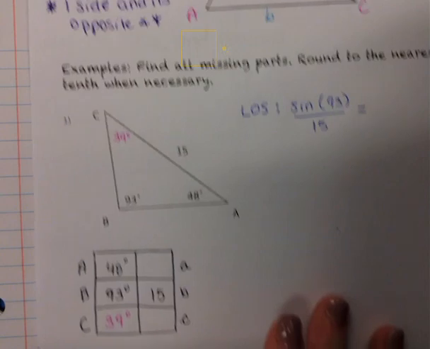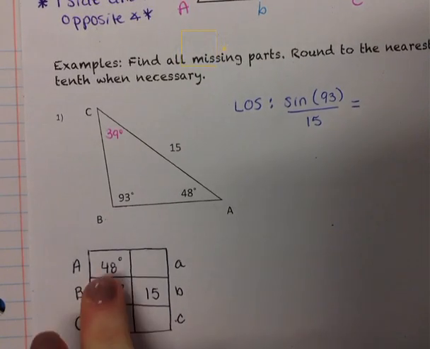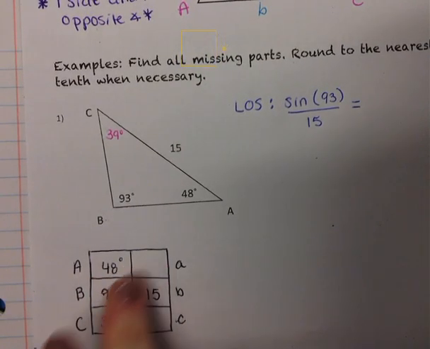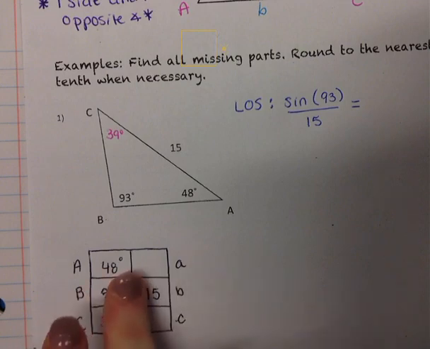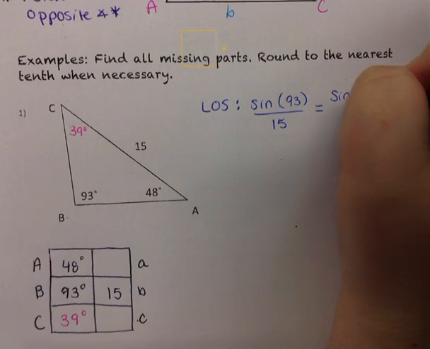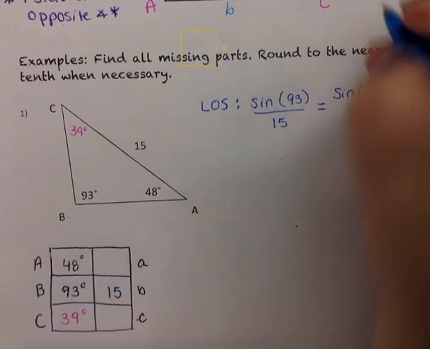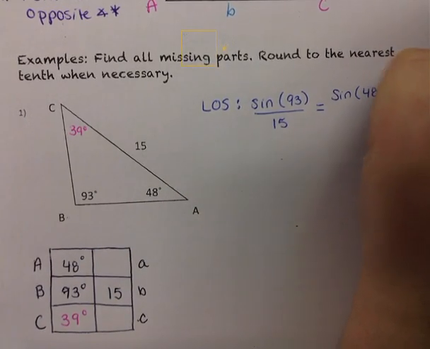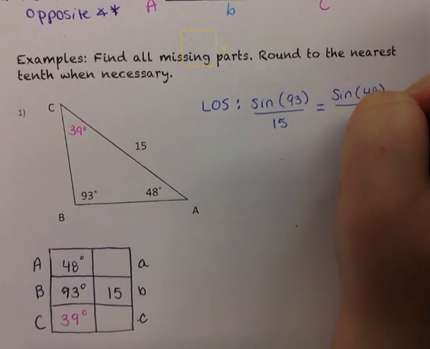So I'm going to go ahead and find A, because that's the top one. Just going to go ahead and find that one. So I'll have it equal to sine of the angle A, which is 48 degrees, divided by, I'm going to solve for little a.